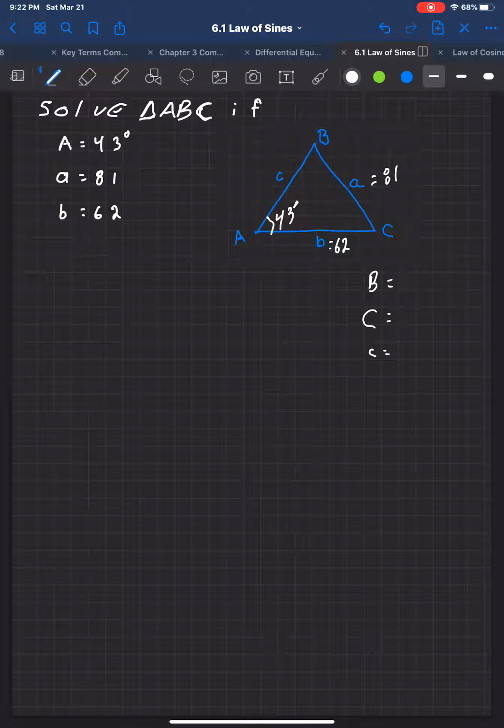So remember, the key to all of this was, can you actually find the altitude of that triangle? Can you find H? All right, can you find H? So let's go ahead and set this up. So H is what we want. All right, well, as soon as you drop that altitude, that perpendicular, it's going to intersect this base at a perpendicular angle. You now have a right triangle.